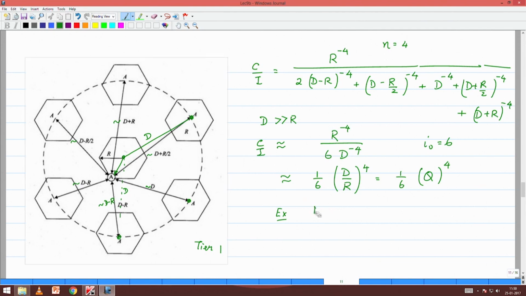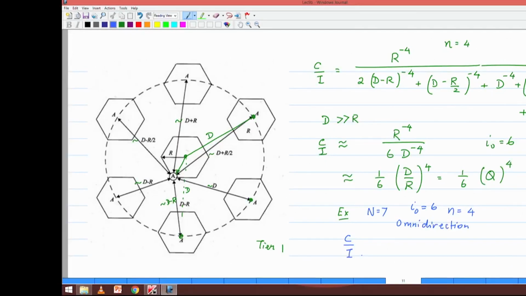Take a cluster size N equal to 7, only tier 1 interferers, so I naught equal to 6, path loss exponent equal to 4, and omnidirectional radiators. So, all the base stations on all sides can create interference, basically all 6 sides will create interference. If you apply the approximation, C over I is approximately 1 over 6, D by R is root 3N, raised to the power 4.